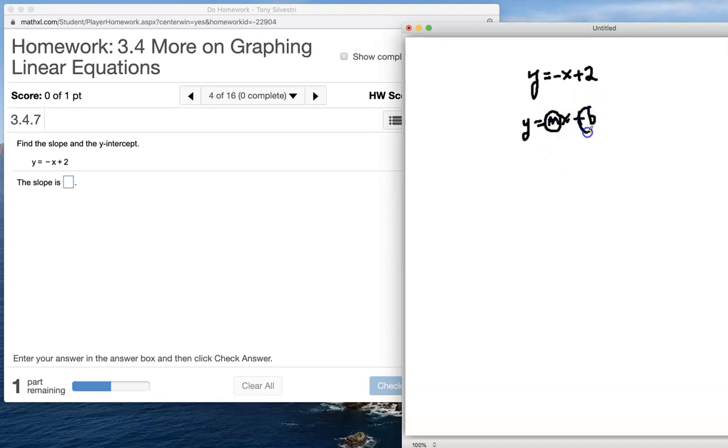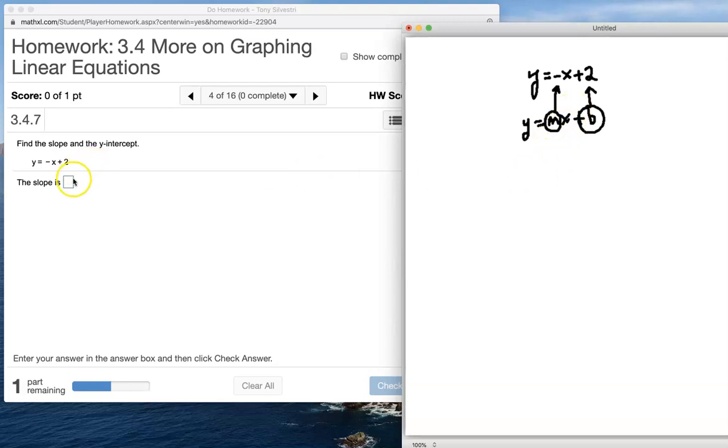The number that's after the plus sign is the y-intercept. So that number there, 2, is the y-intercept, and this m is the number in front of the x, which if all you see is a minus sign, it's a -1.